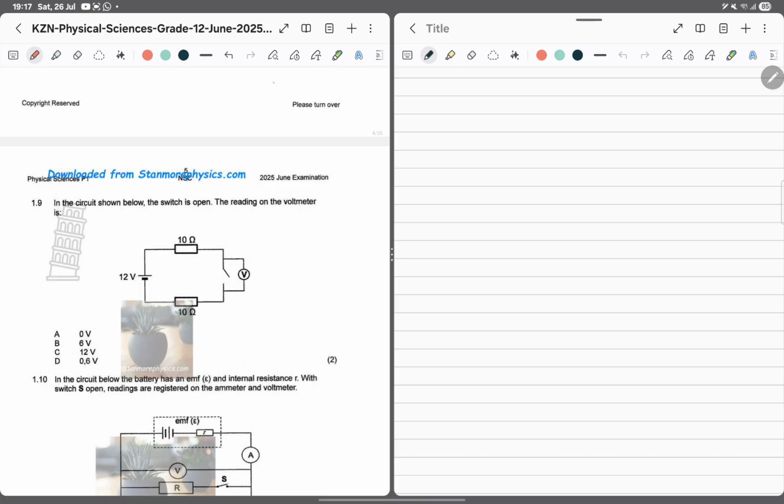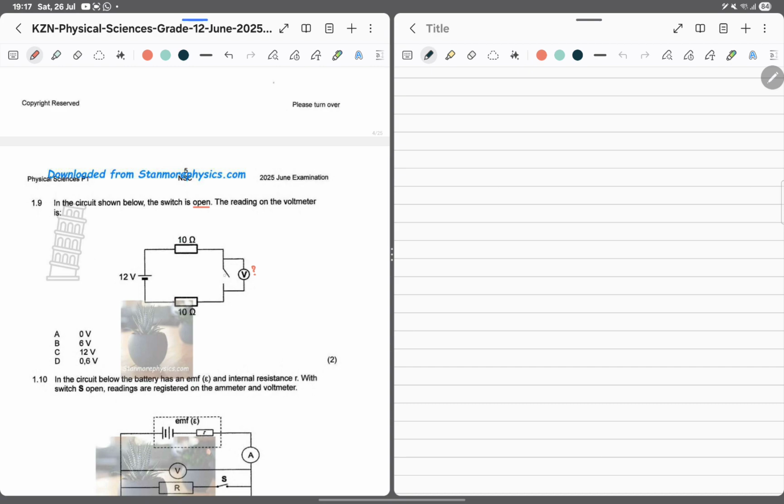1.9 says in the circuit below, the switch is open. All right. Now the reading on the voltmeter is, so this is the voltmeter. Now as we can see, our switch is opened over there. Now it means the circuit is broken. And once the circuit is broken, this suggests there's no current flowing through the circuit.